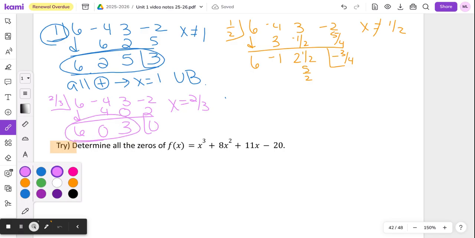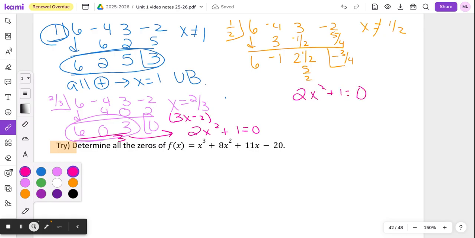All right, then I know from here, if you remember from the division, because this would have been 3x minus 2, I'd have to divide by 3. This really makes it 2x squared plus 1, because if I divide 6 by 3 and 3 by 3, I would have 2x squared plus 1 that I can solve.